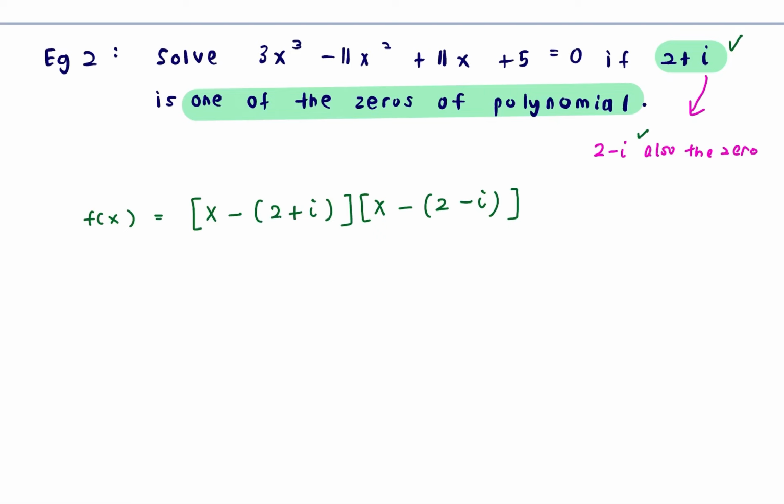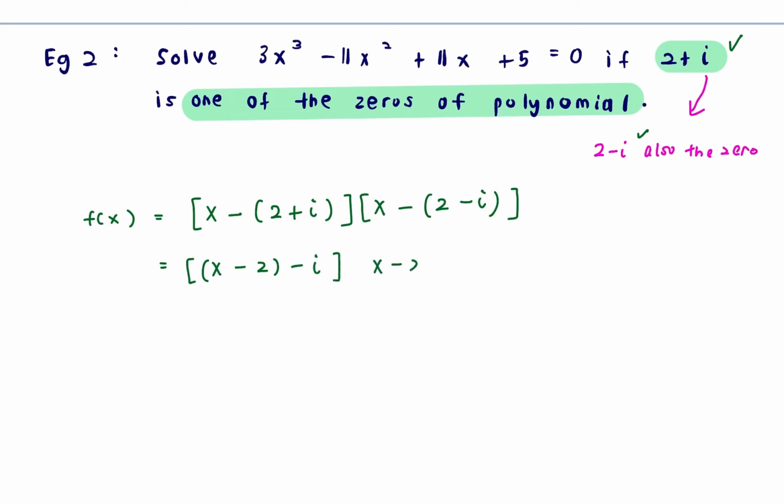Okay, this is to reduce your calculation. And then you have x minus 2. This one also x minus 2. So you can keep this in one bracket form. So you have x minus 2. If you open up the bracket, negative times plus i is minus i.